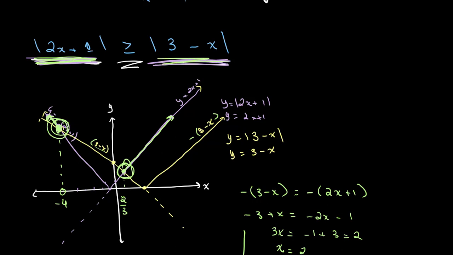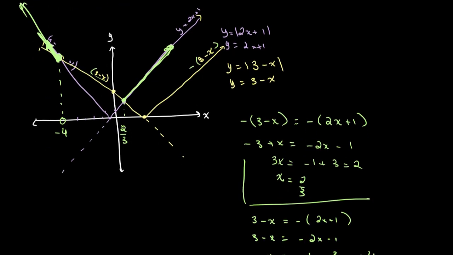So let's clean this up a little bit. Hopefully it looks better. There we go. Now, from this point onwards, the graph of the absolute value of 2x plus 1 is greater. And from this point onwards, the graph of 2x plus 1 is also greater.